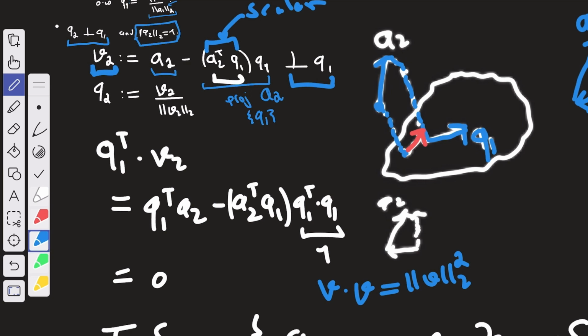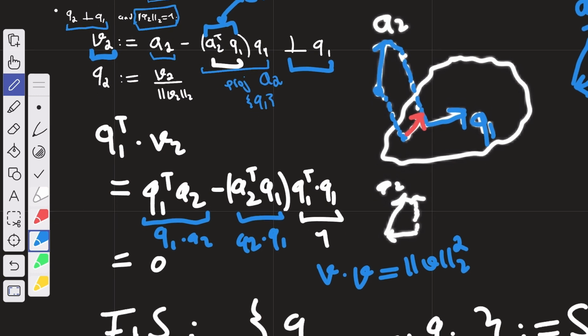Since q1 is of norm 1, it's just 1 squared, which is 1. And what we get is the dot product of q1 by a2 and the dot product of a2 by q1, which is the same thing, and this is clearly 0. So it is indeed true that v2 is orthogonal to q1.